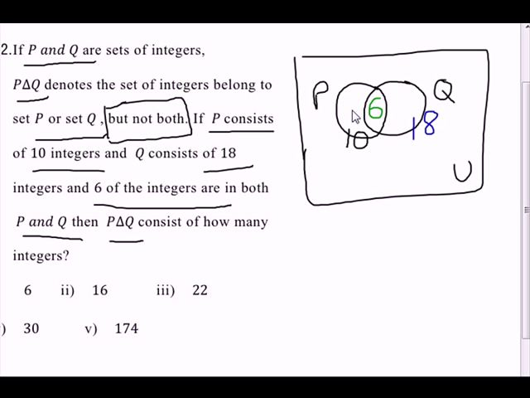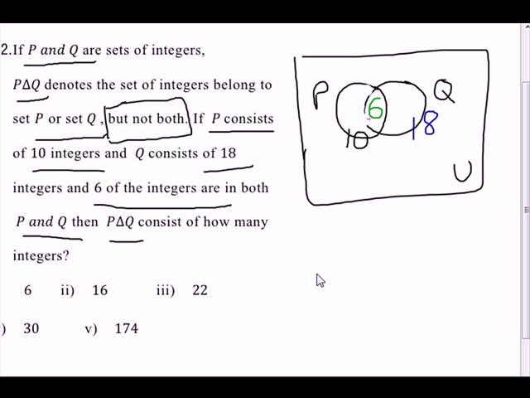So now from the Venn diagram, we know that 10 elements belong to P and 6 belong to P and Q. So how many elements belong to only P? That is represented by this area as we saw earlier, and this is essentially 10 minus 6, which is equal to 4. So just to make it more clear, let me rub this.